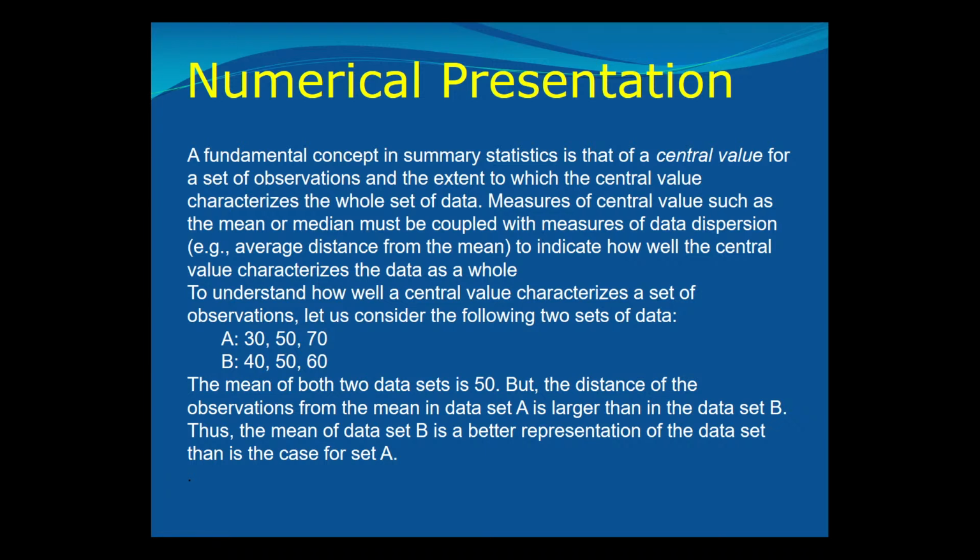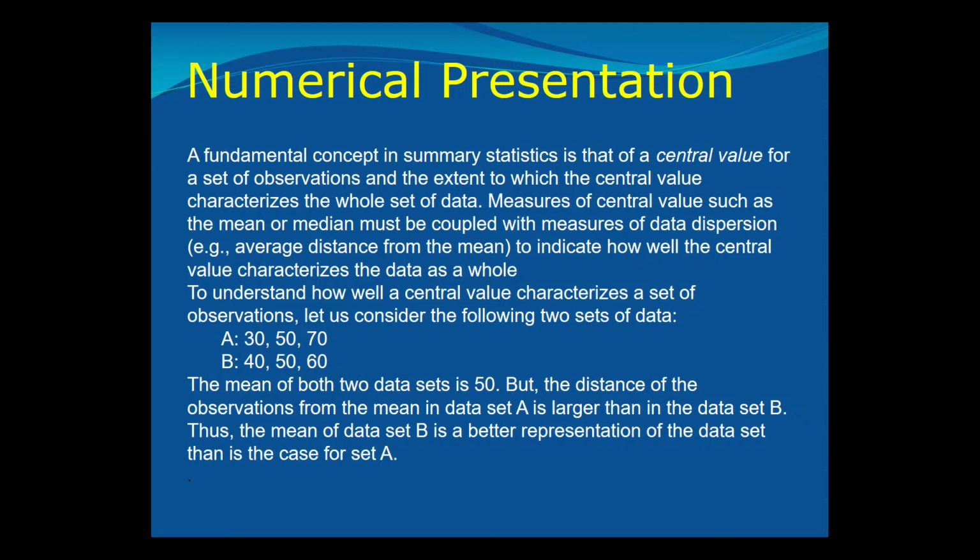To understand how well a central value characterizes a set of observations, let us consider the following two sets of data. In data set A, there are three values only: 30, 50, and 70. And data set B consists of three values: 40, 50, and 60.